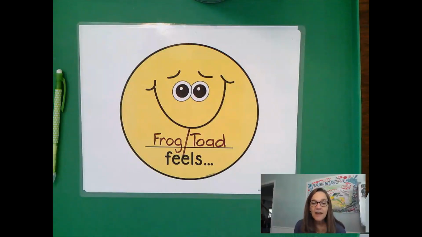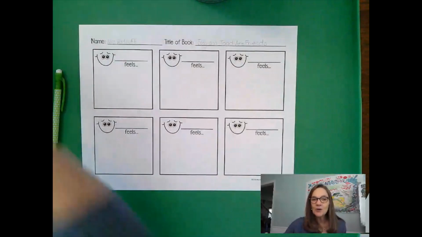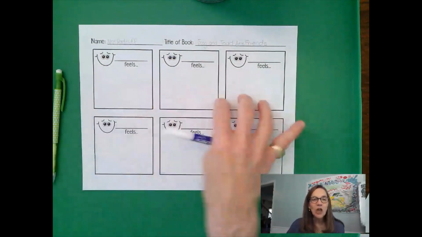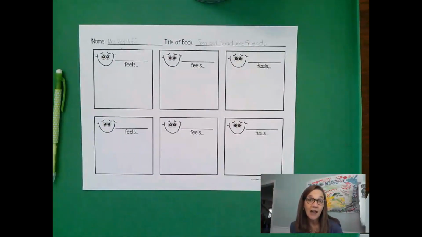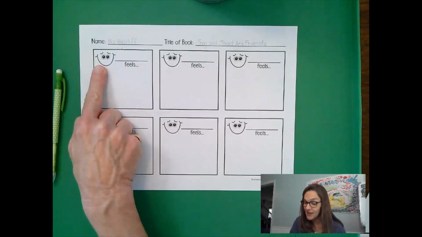And I'll show you how to jot down a few notes on the little response sheet, and I'm going to show you just how to use these little notes and eventually how to use a sticky note, even without the symbol, or you could draw the symbol on a sticky note.